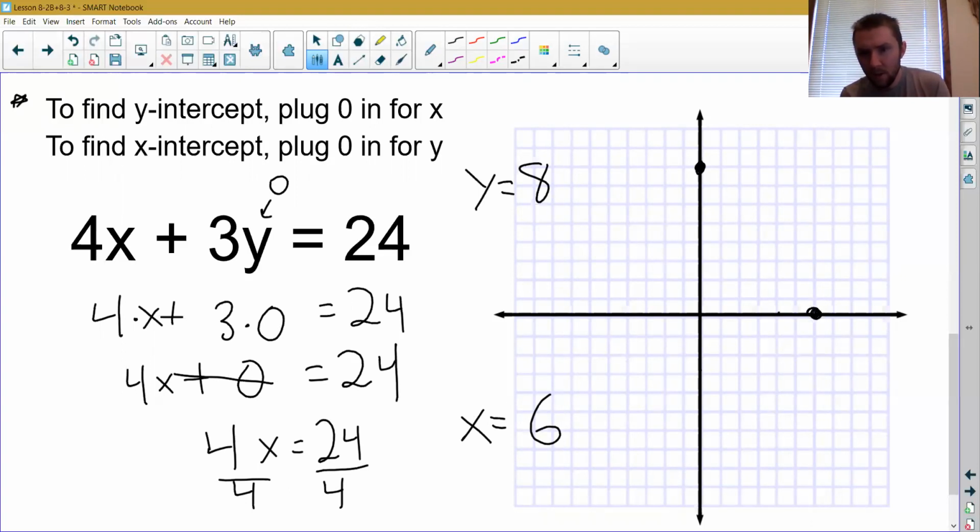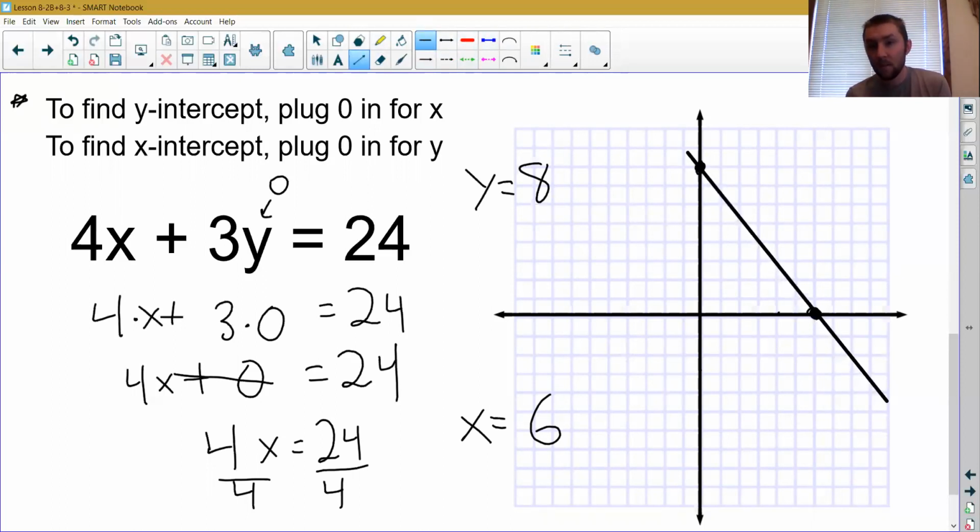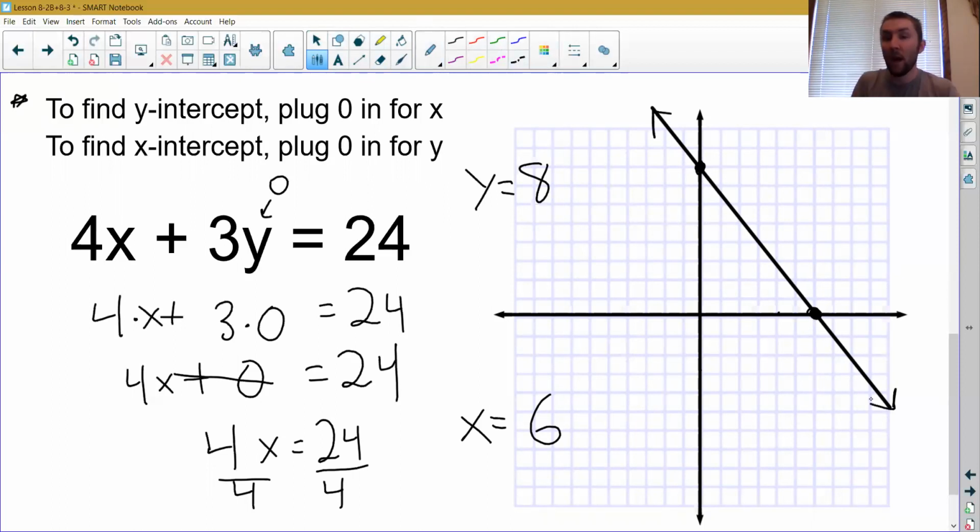That's right here, okay? And then if I connect those two intercepts with a straight line, I have now graphed this function. Okay, and I can put my arrows on the end, and I have made my graph.